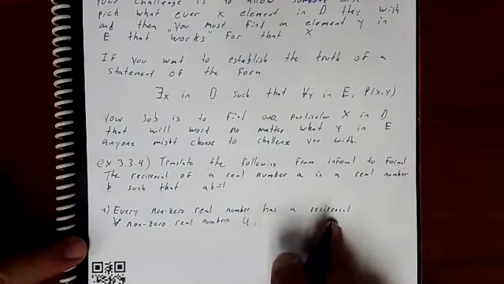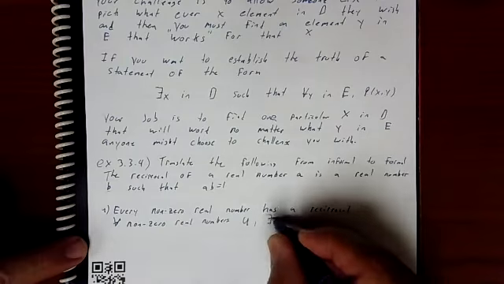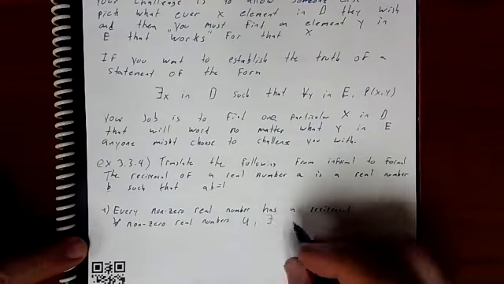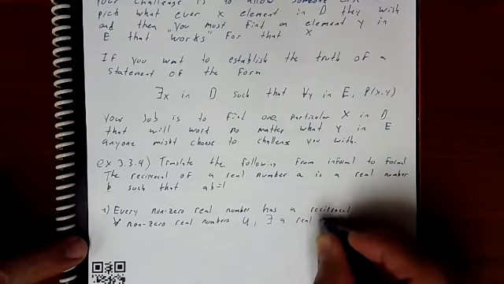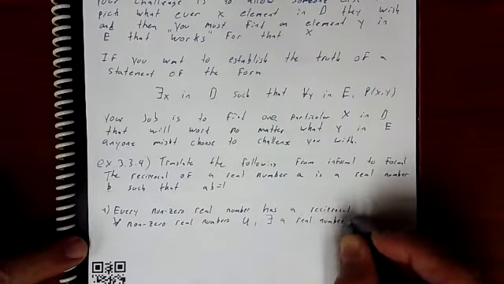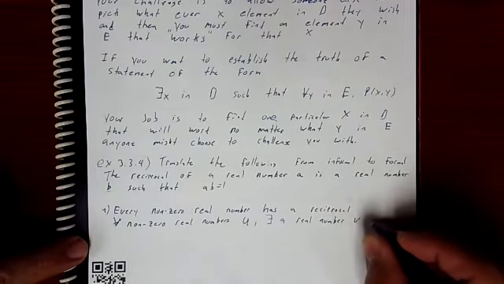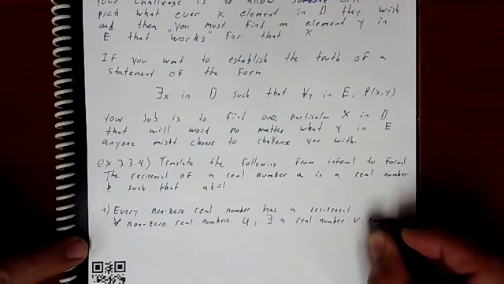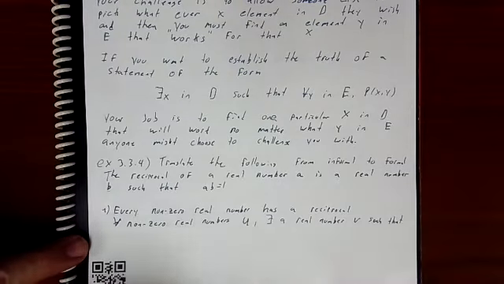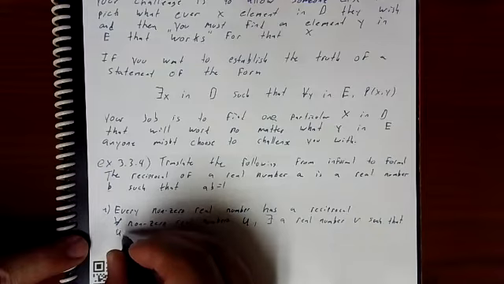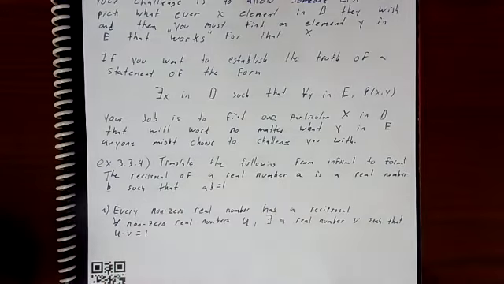Has a reciprocal is kind of saying there's only one: there exists a real number v such that u times v is equal to 1.